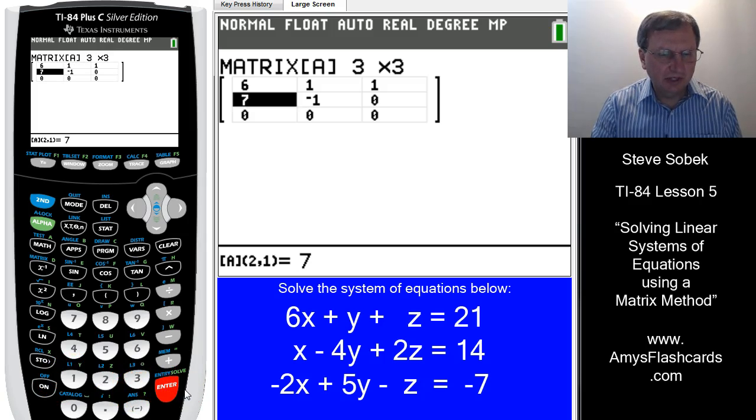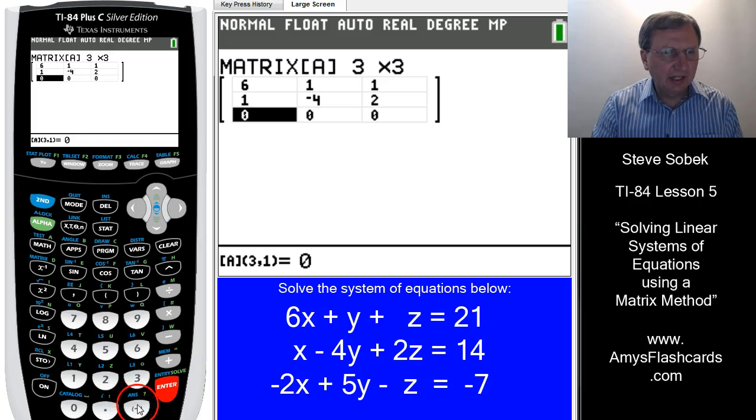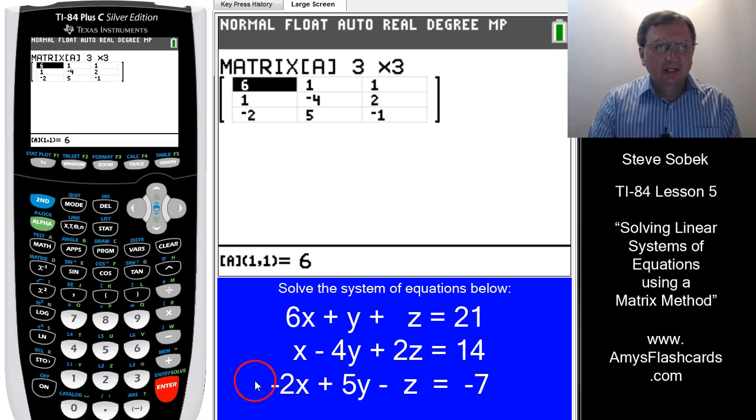That's the first equation. The middle equation, we had a 1 in front of the x, a negative 4 in front of the y, and a 2 in front of the z. And the third equation had a negative 2, a 5, and a negative 1. We're done defining matrix A.